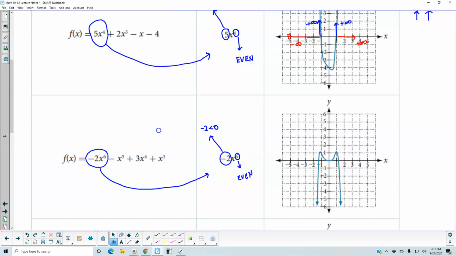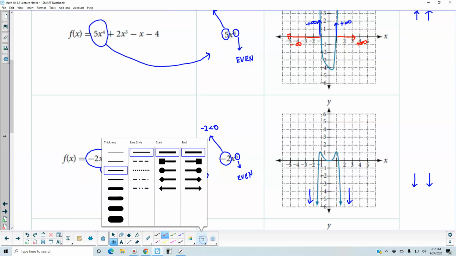So in that scenario, it's even, but the negative value then flips the graph, which means it's going down on the left side of the graph, which means it's falling on the left, and it's also falling on the right. So the end behavior is two arrows, one on the left going down and one on the right going down.